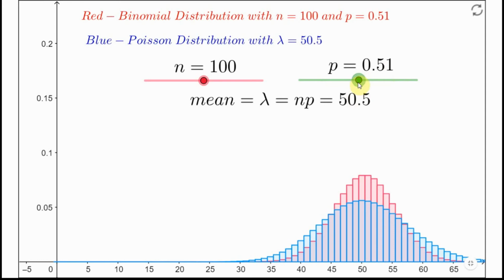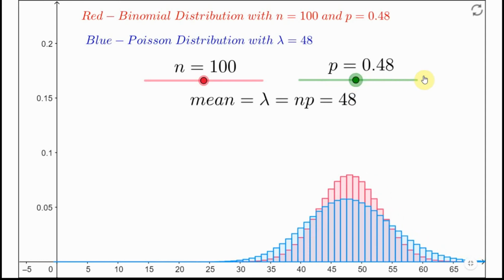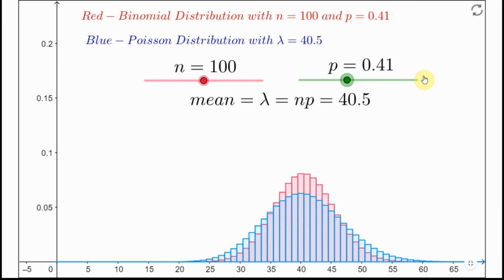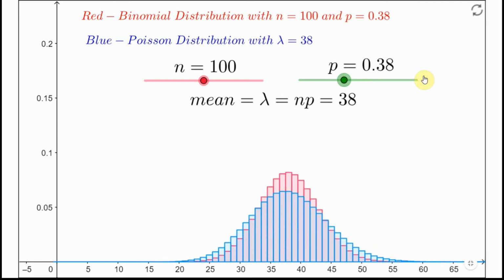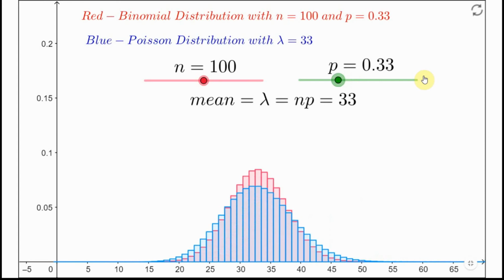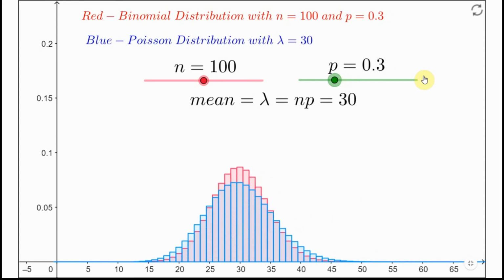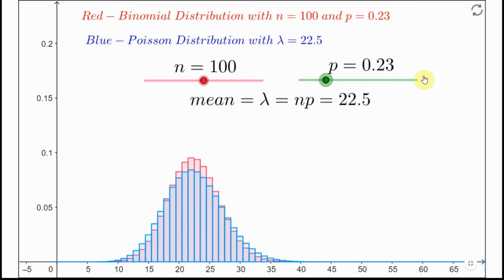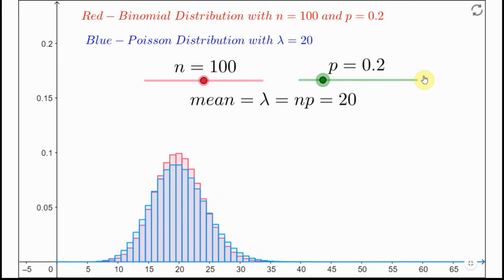However, if we alter the value of p and start reducing that, you'll see that lambda is changing so that it's always equal to np. Then as it goes down and down, you will hopefully see that these two distributions are becoming more and more similar.